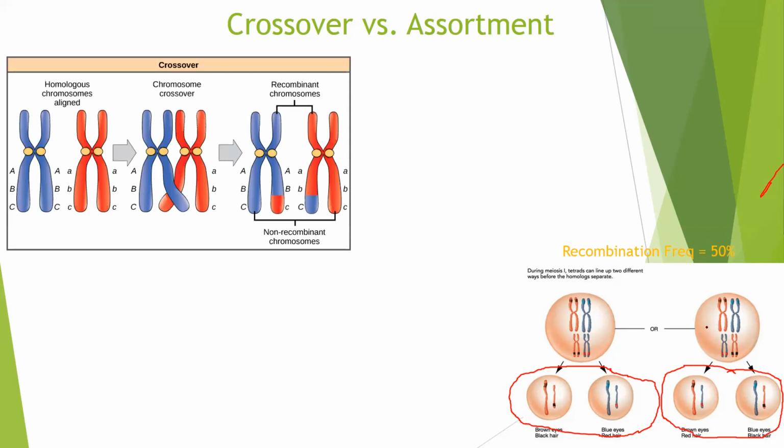So from now on, we are focusing on genes that are located on the same chromosome, like this, right? As an example here, you can see 3 genes, A, B, and C. They are on the same chromosome. In this case, we say these 3 genes are linked.